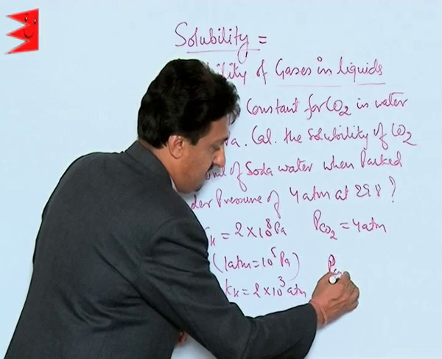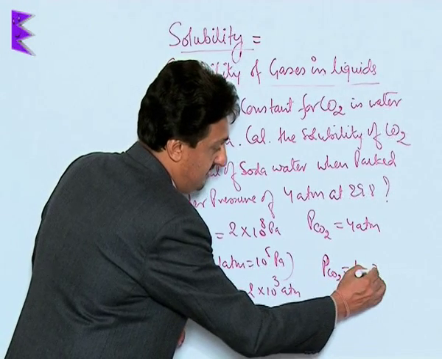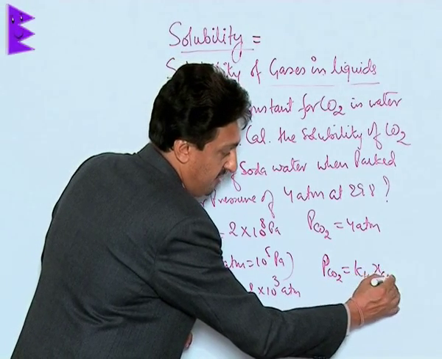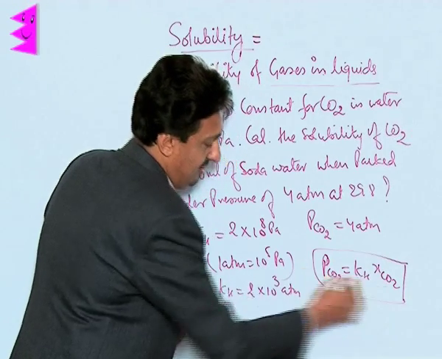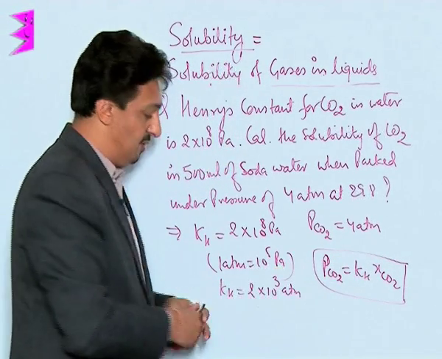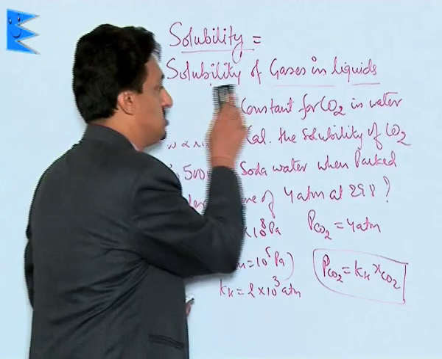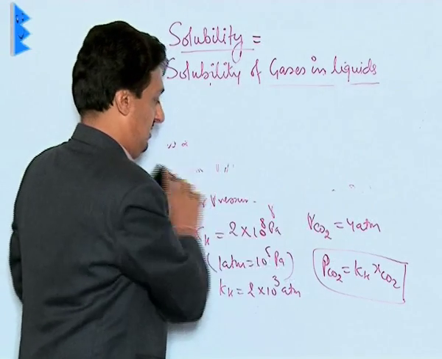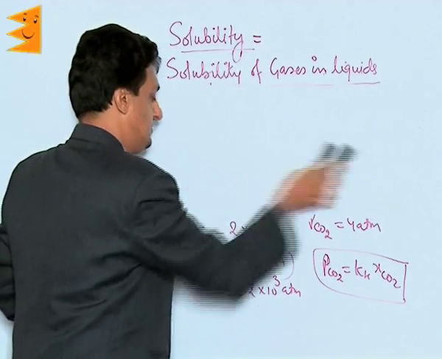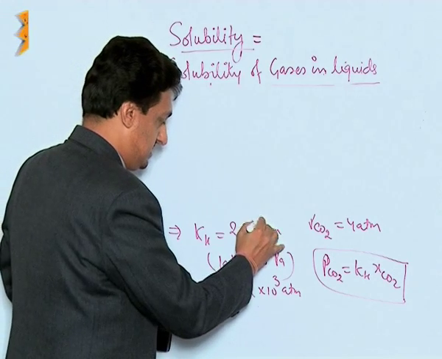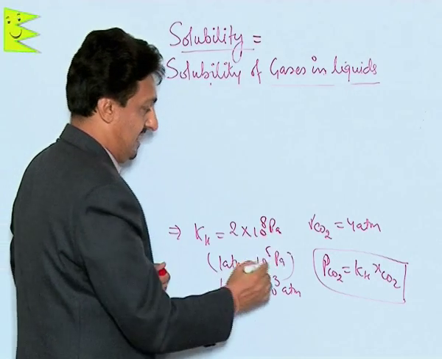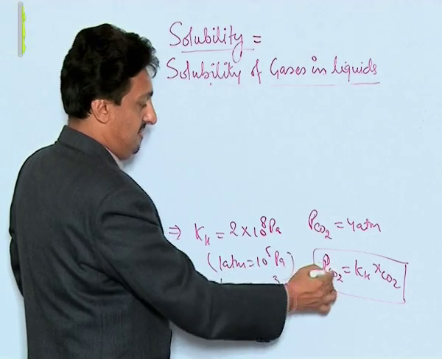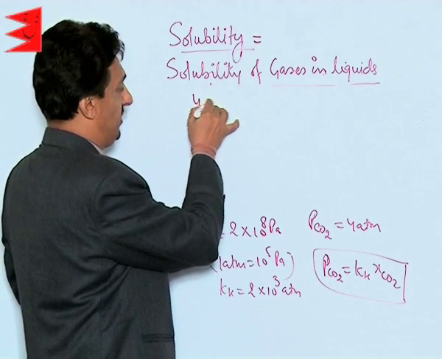Now we know the formula. The partial pressure of the CO2 is equal to Henry's constant into the mole fraction of the CO2 in the solution. So from here we can find the mole fraction, which is going to give us the solubility of the CO2 in the soda water. The partial pressure of CO2 is 4 atm.